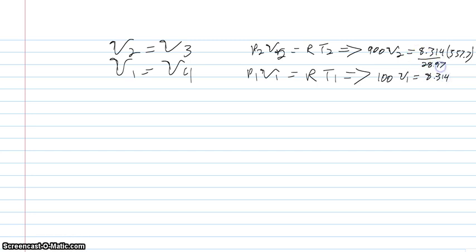Don't forget the molar mass. 20.97 times 300 Kelvin. So, do all that. We find that V2 equals 0.1778 and V1 equals 0.861 meters cubed per kilogram.